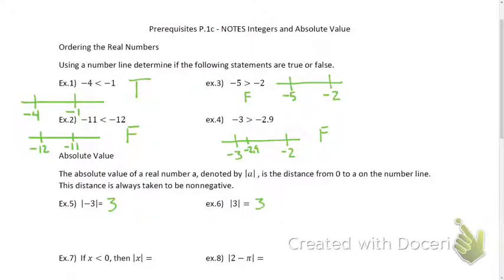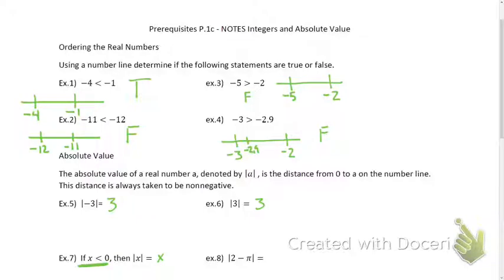Number 7 is very tricky, and you want to be very careful with it. First off, it says x is negative right here. x is negative. We need to write an answer in terms of x. Many people are tempted to write x, because of the rule that whatever's in the bars comes out as positive.